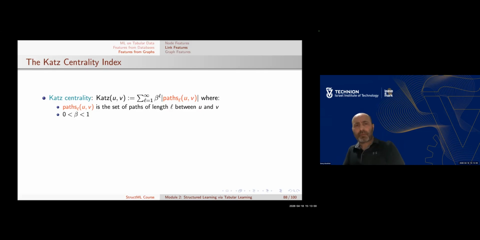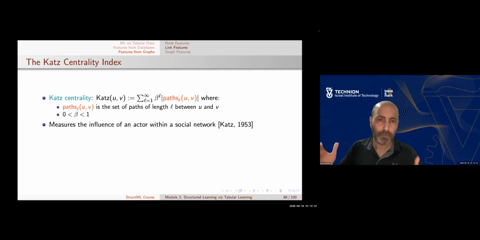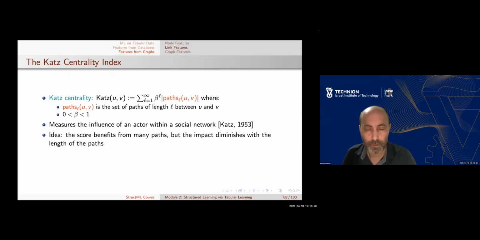So basically, the idea is that we sum up the paths and we penalize the paths for being long. This was proposed by Katz in the 50s for measuring the influence of an actor in a social network. If you have many paths, then you have a high score, but the impact diminishes with the length of the path.